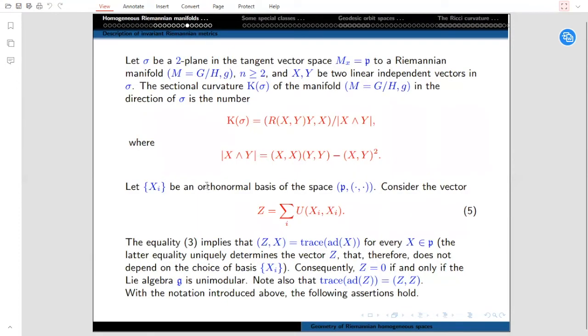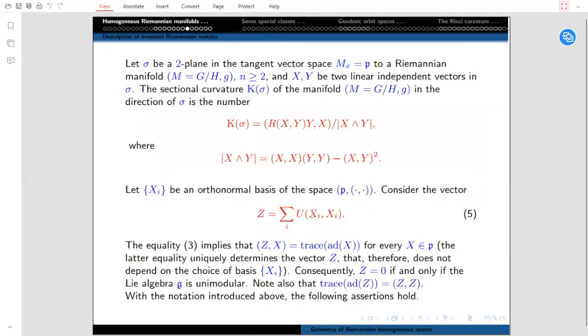Now, if we have some orthonormal basis x_i for a chosen inner product, then we can consider the following vector z, the sum of U of x_i, x_i for all i.